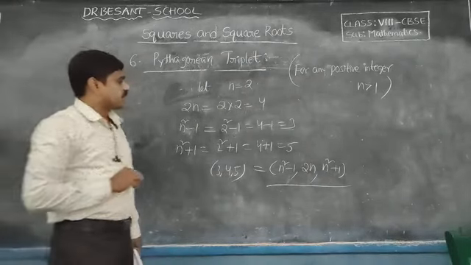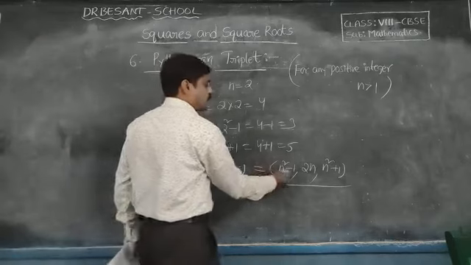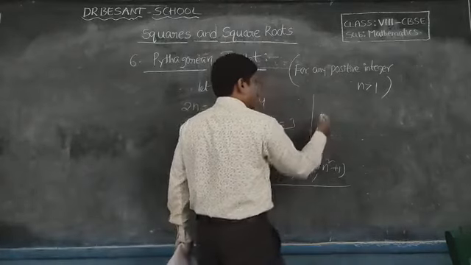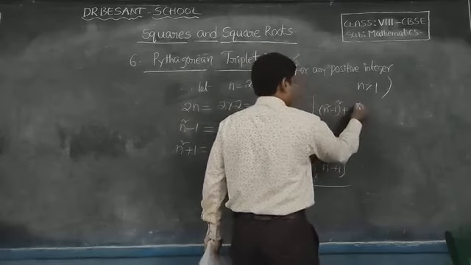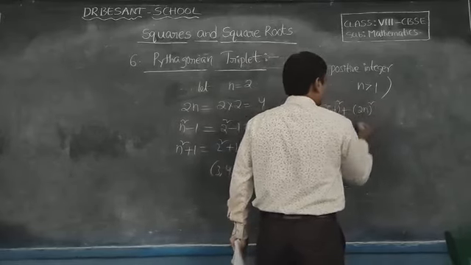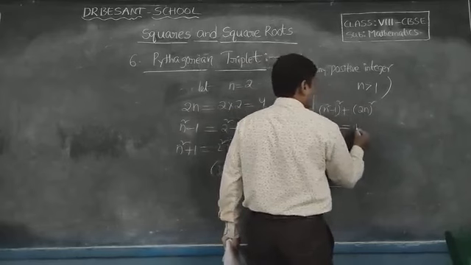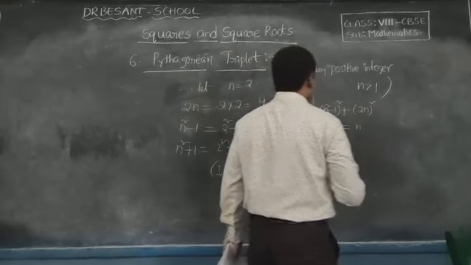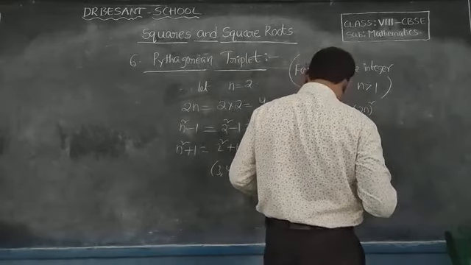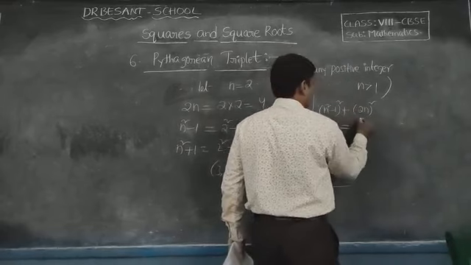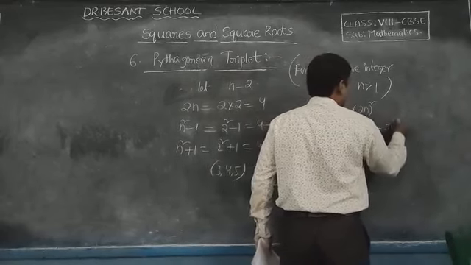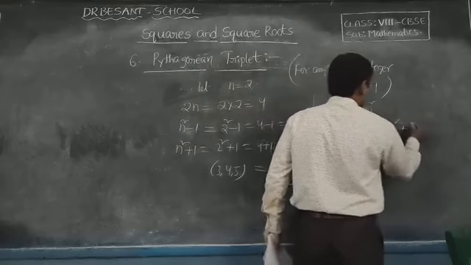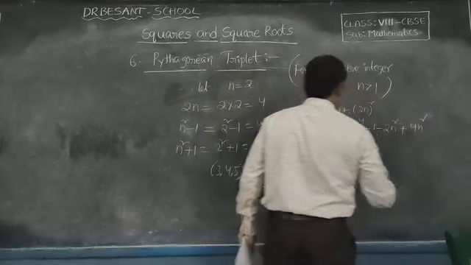Now n square minus 1 whole square plus 2n whole square. Observe here. n square minus 1 whole square. So a square, n power 4, plus b square 1, minus 2ab, minus 2n square. This is plus 4n square.